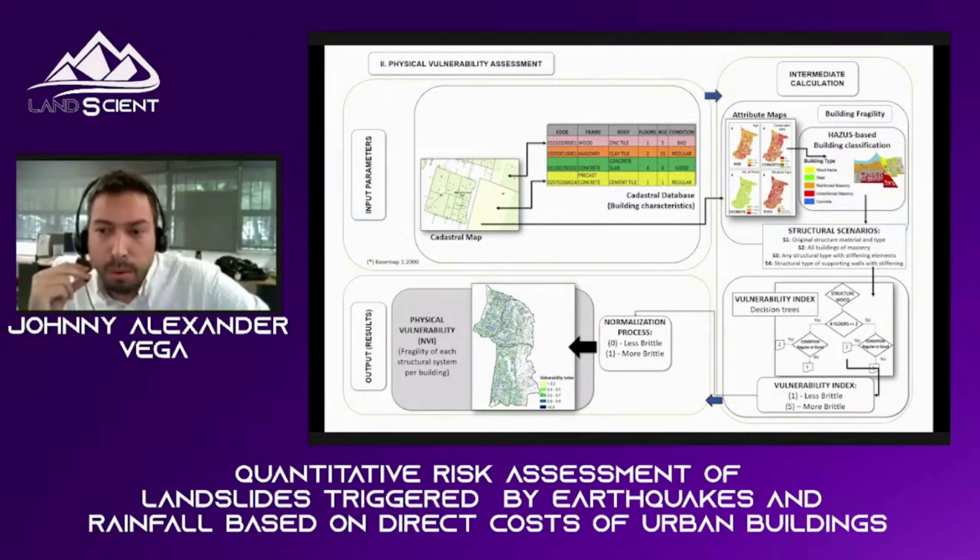Scenario 1 was the original structure, material, and type. Scenario 2 considers all buildings in the zone built with masonry.